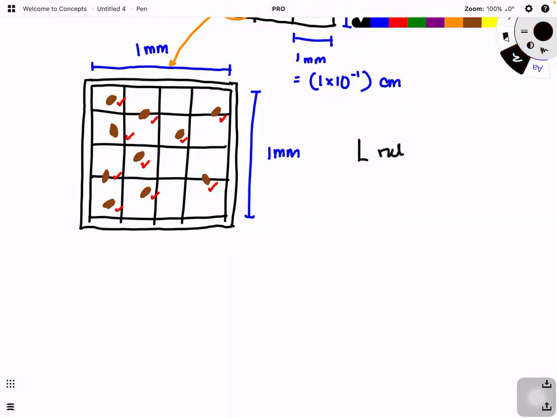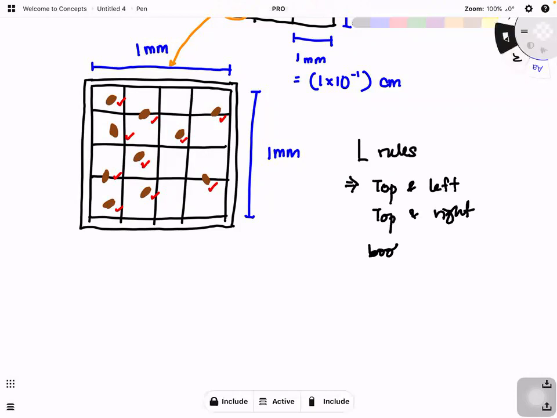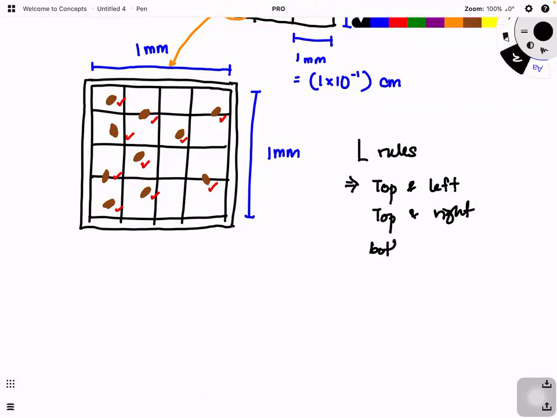L rules, before we view it, we define which L rules we want to use. We can use either top and left, or top and right, or bottom and left, or bottom and right.